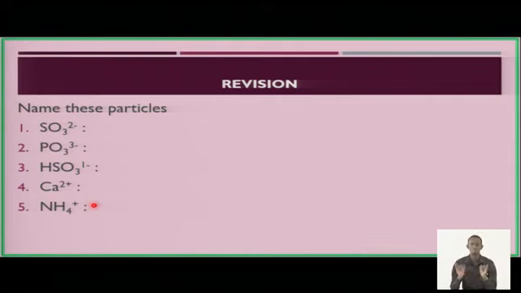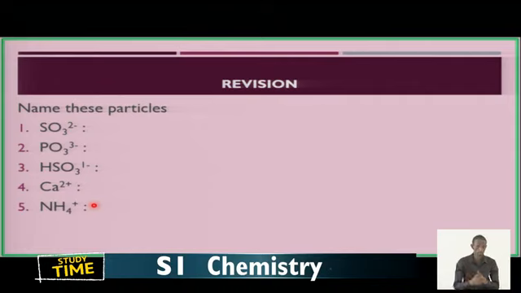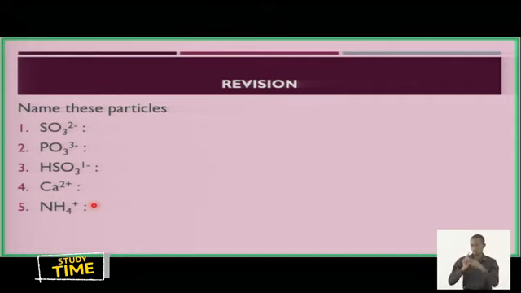Try it, please, because the names and the different radicals, they are the ones we will use to learn the new topic of today, writing molecular formula and naming the different compounds.